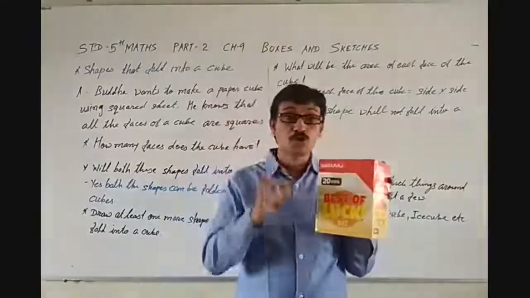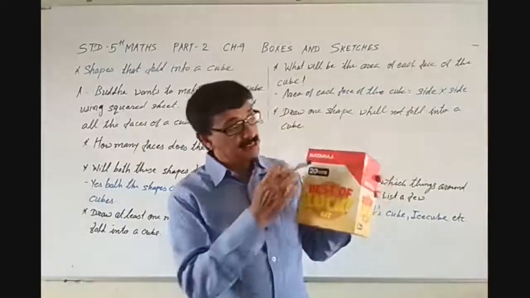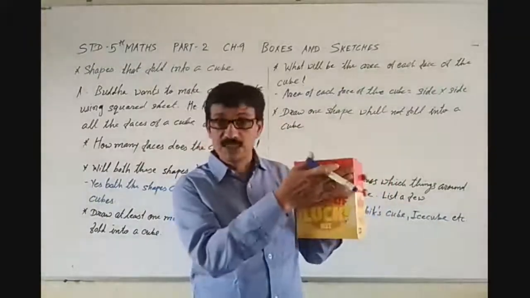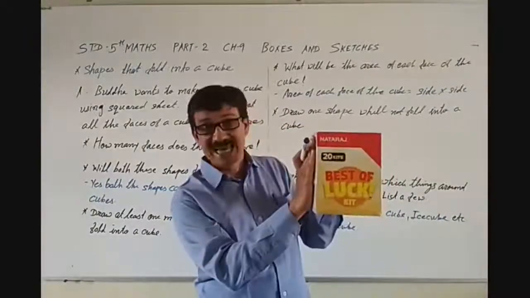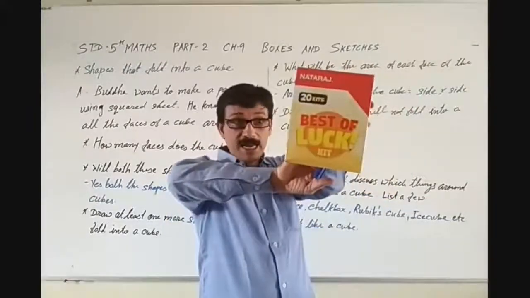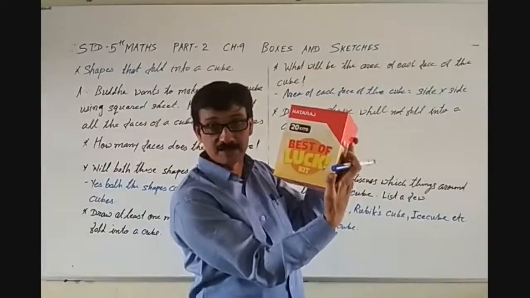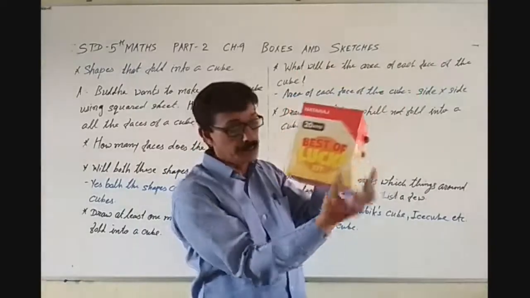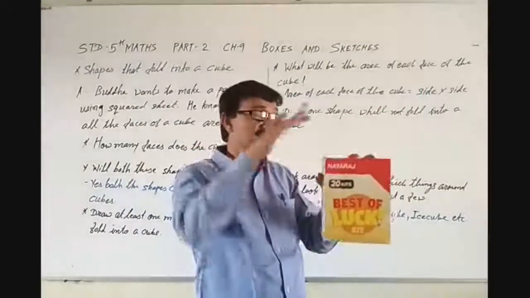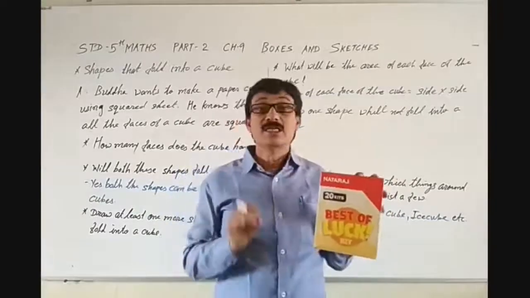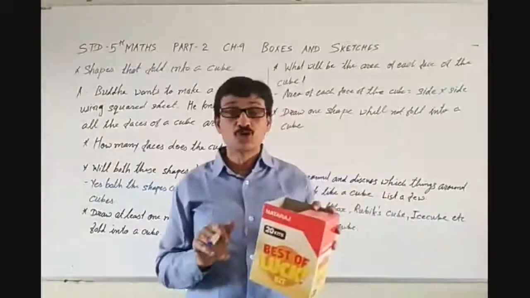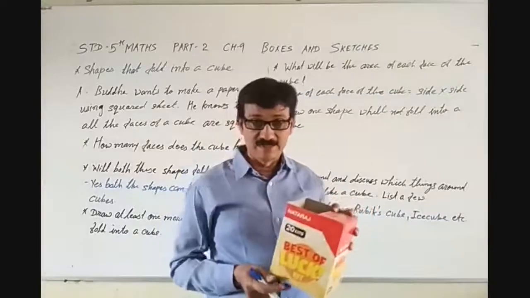So first of all, you should know what faces are. See, this is one face. This is second face. This one at the back side, third face. This is fourth face of this cuboid. This is fifth face, and this is sixth face. So in a cube or cuboid, there are 6 faces.